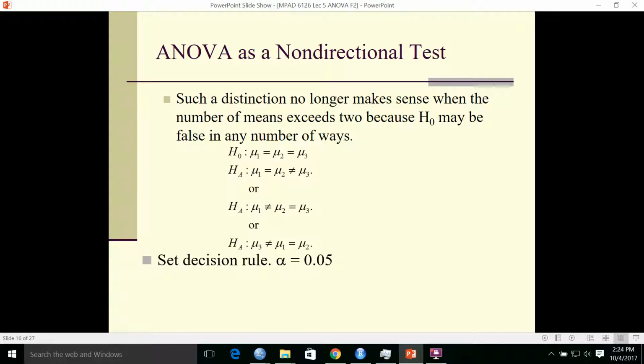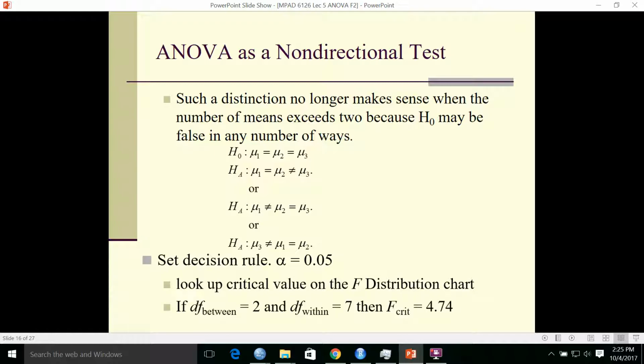Then we'll set the decision rule, alpha equals 0.05, and then we'll look up the value on the F distribution chart, keeping in mind that the degrees of freedom between is 2 and the degrees of freedom within is 7.